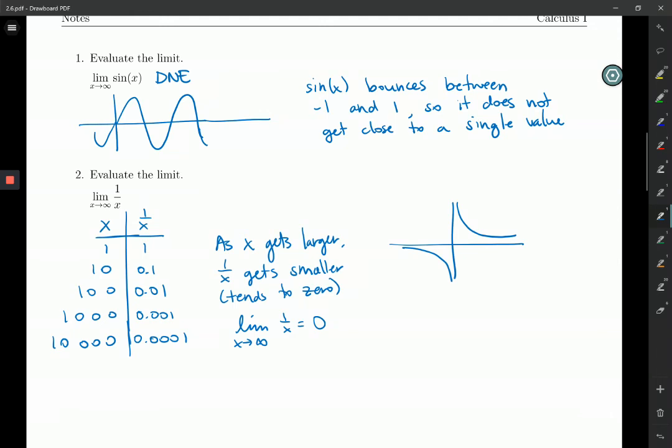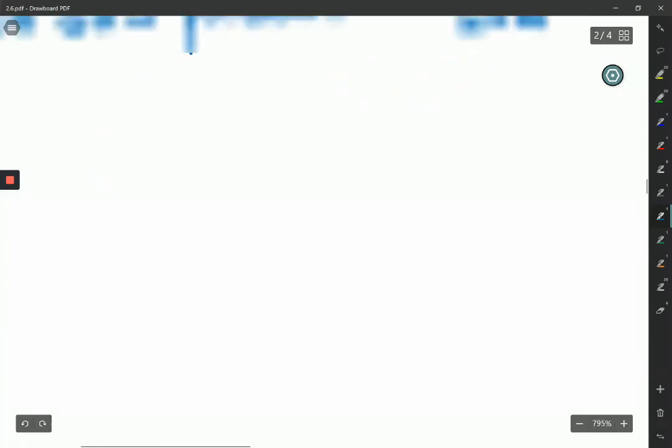So as we go out towards infinity, we can see that the function approaches 0 as we move out towards infinity. So it is actually the case that this limit is equal to 0. And we also have that the limit as x goes to minus infinity of 1 over x is equal to 0.